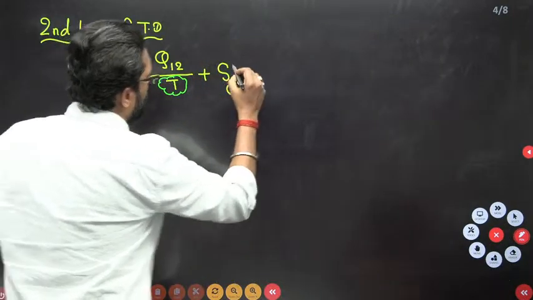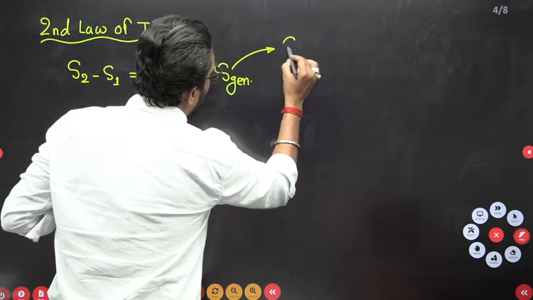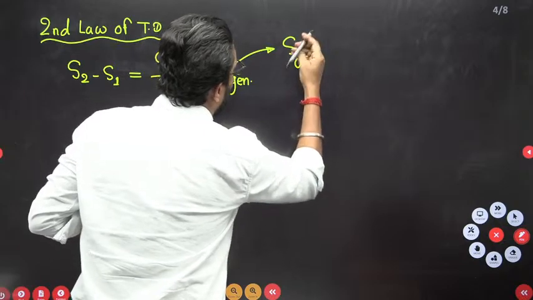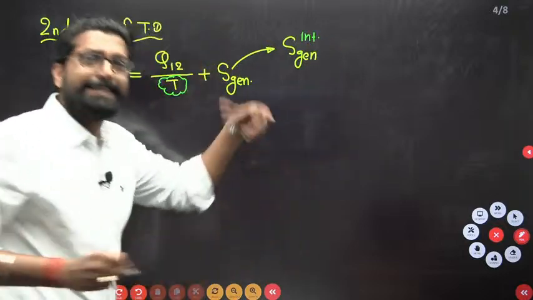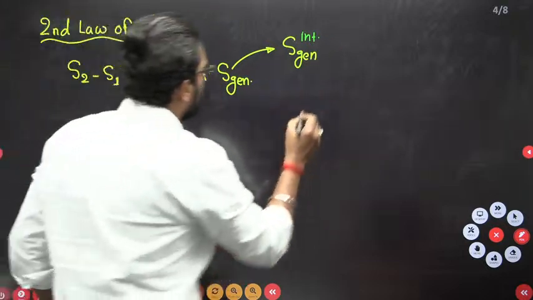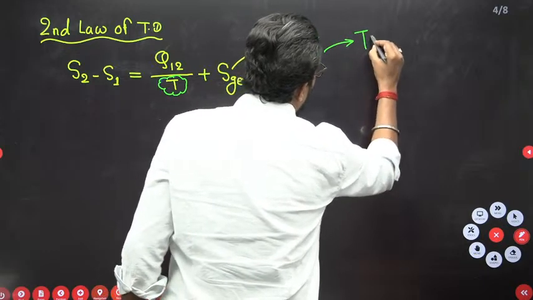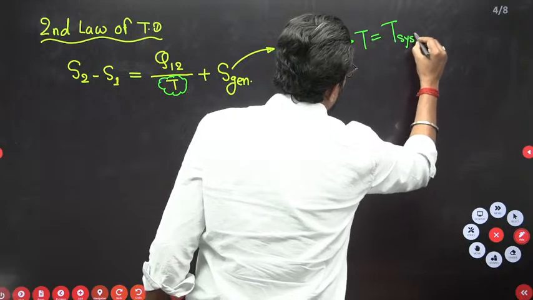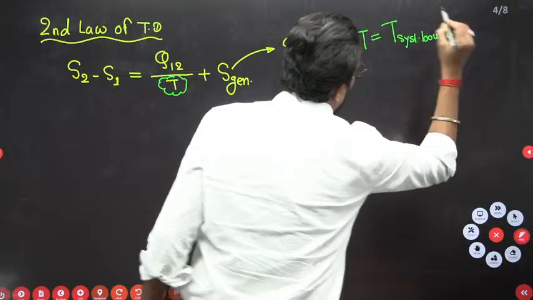If you find entropy generation internally, S generation internal, due to internal irreversibility, then the corresponding temperature is the temperature of the system boundary. Clear? System boundary.